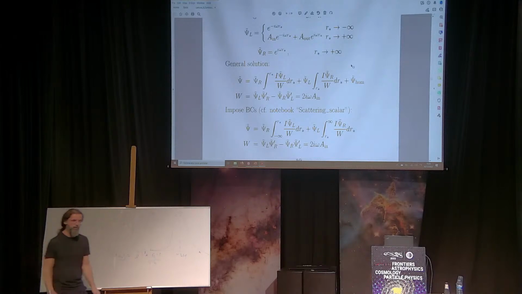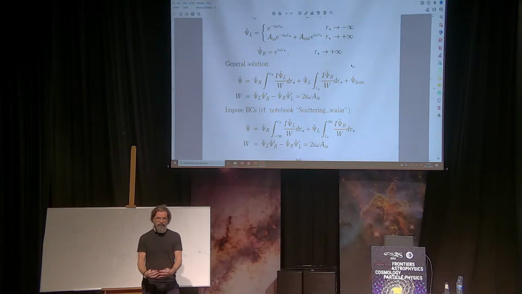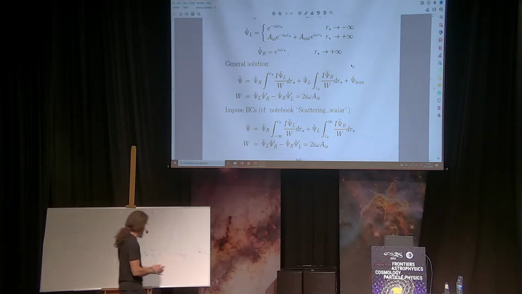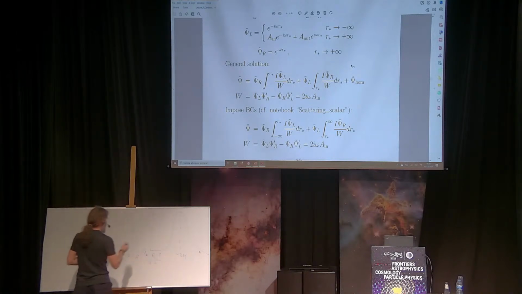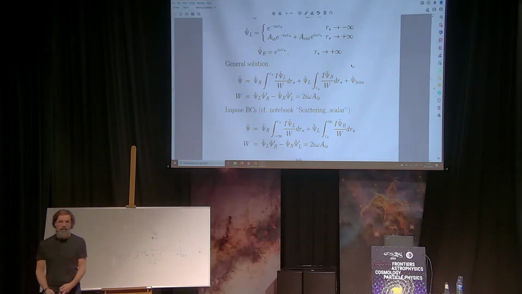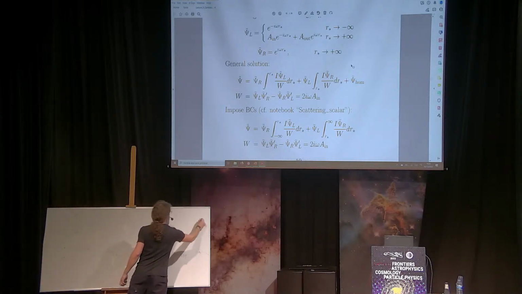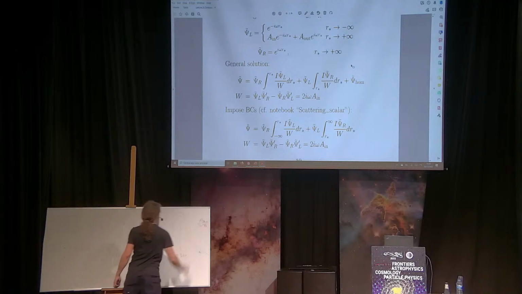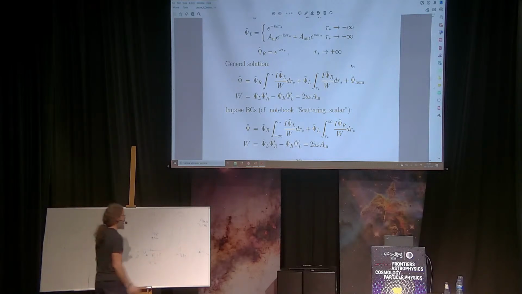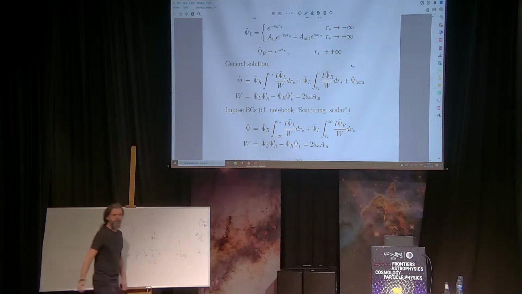So let me try to summarize what's going on. You start with a wave that's ingoing at the horizon. So let me put here the correct solution. This is my psi L. Okay? Generically, a wave that does this will have an outgoing piece far away, A out, okay, and some ingoing piece, A in, okay?